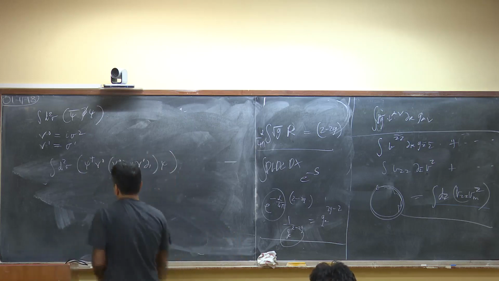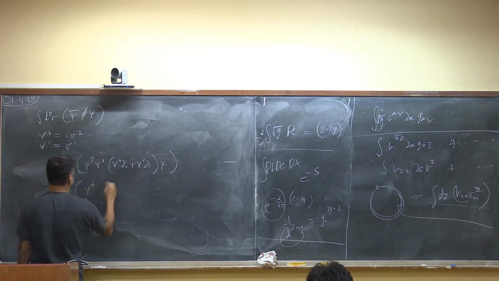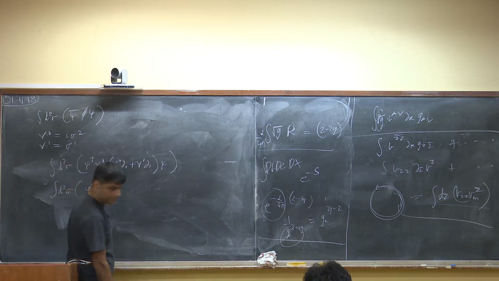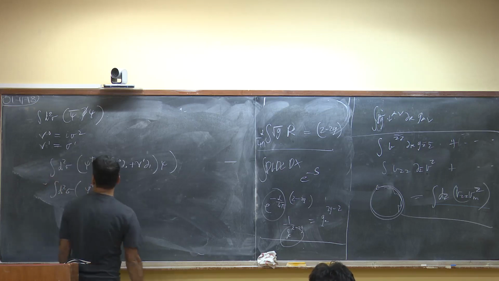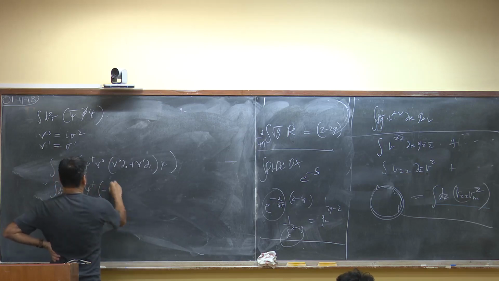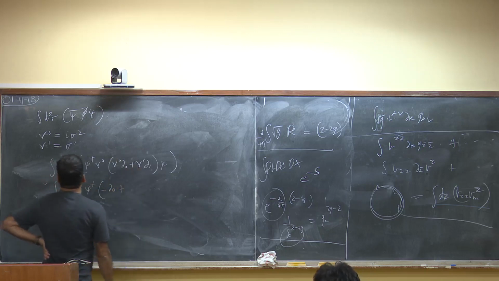Now gamma 0 squares to -1, so that's minus, and del 0 plus gamma 0 gamma 1 del 1.